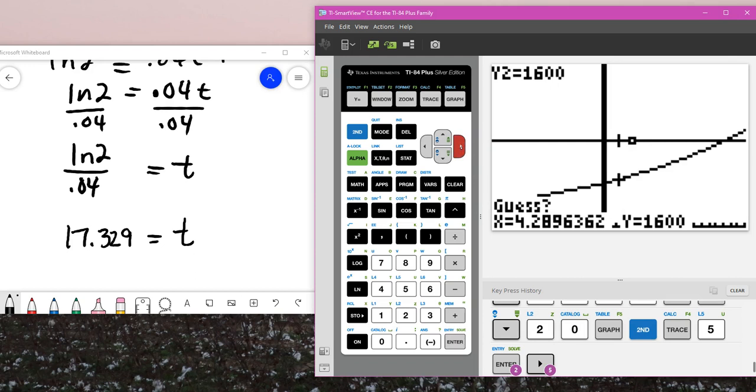Move your cursor closer to that intersection point to guess. If you only have one intersection point, you can actually skip this step, but if your graphs have more than one intersection point, you need to move close to that intersection point. So you can see here we got 17.329, just like we did by calculating it by hand.